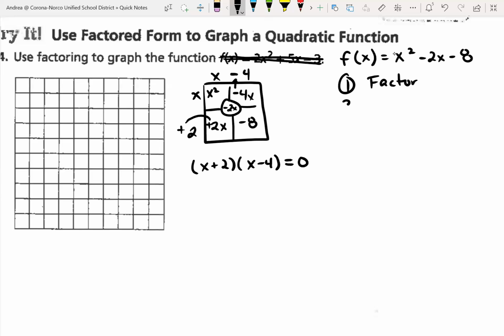Okay, now we're going to solve that. So x plus 2 equals 0, and x minus 4 equals 0. I subtract the 2, and I get x equals negative 2. I add the 4, and I get x equals 4. Okay.